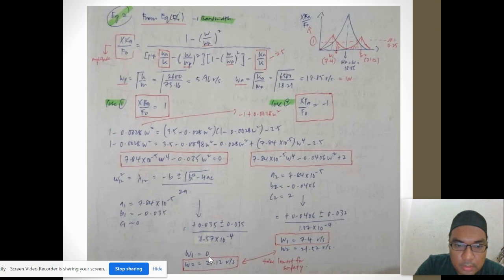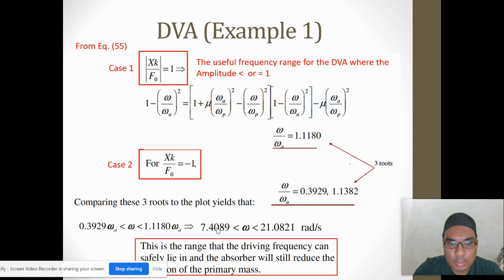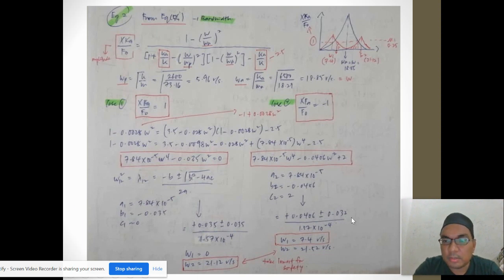So you get the values 0, 21.12, 7.4 and 21.52. To decide the range, you must take the lowest 2 values, and we cannot consider 0. So you get 7.4 up to 21 radian per second. This is the same as shown before. So basically this is your effective frequency range.